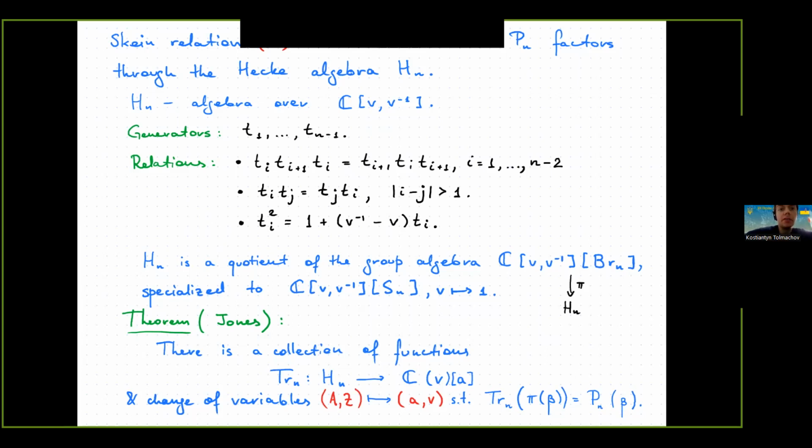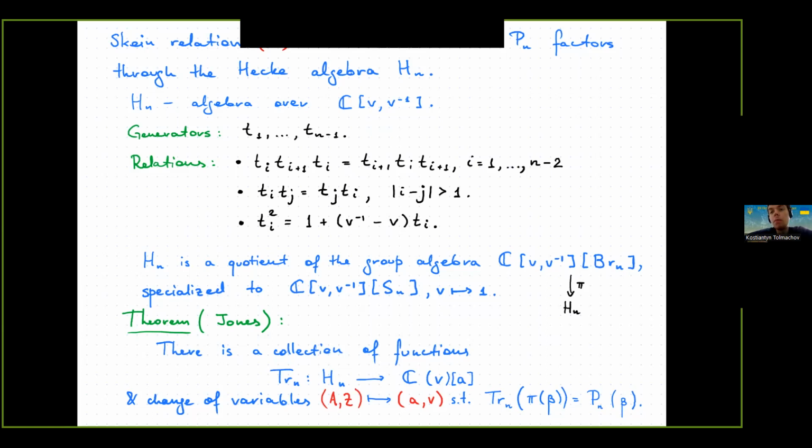And so the theorem of Jones mentioned on the previous slide tells you that there is a certain collection of functions on the Hecke algebras now, instead of the braid group, and a certain change of variables that I will not specify. There are many different choices of variables in this business.